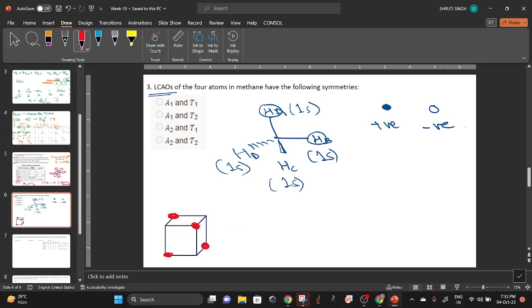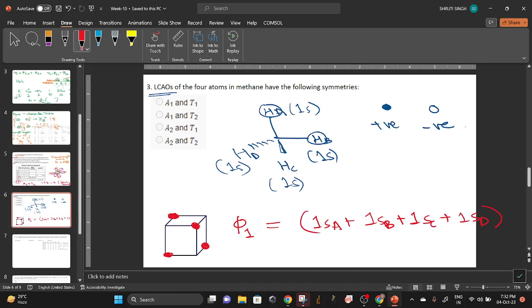I have drawn these filled circles, which means positive phase. So this psi1 is positive phase: 1sa plus 1sb plus 1sc plus 1sd, all in positive phase.